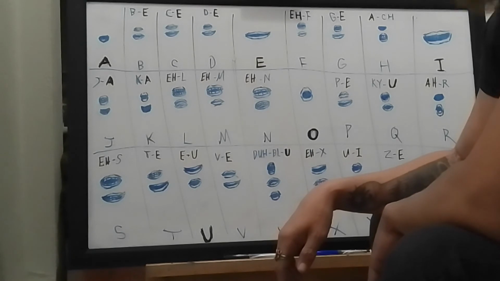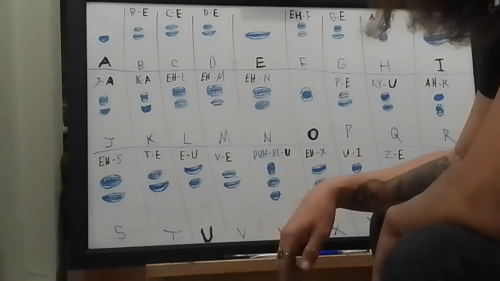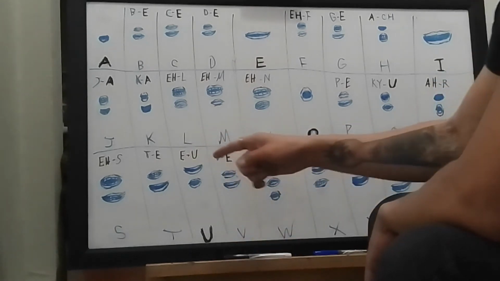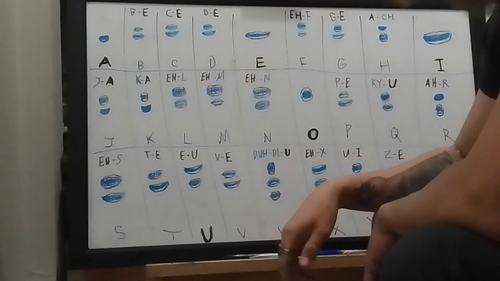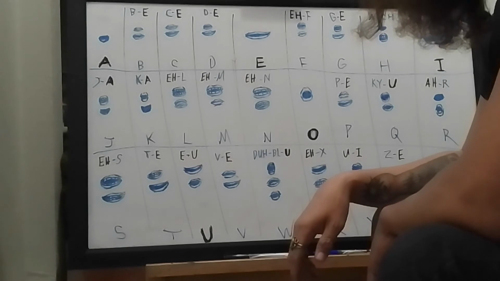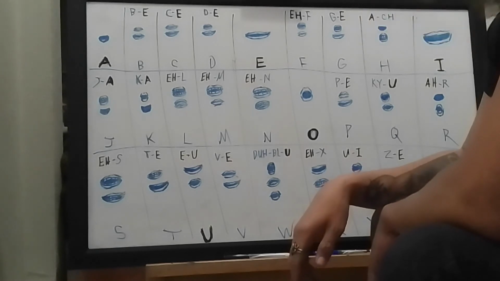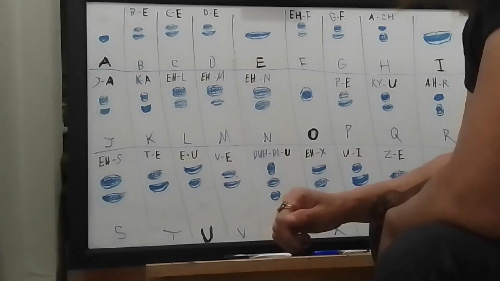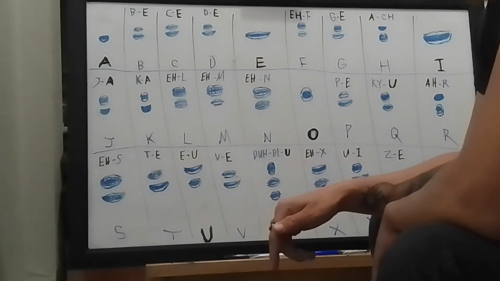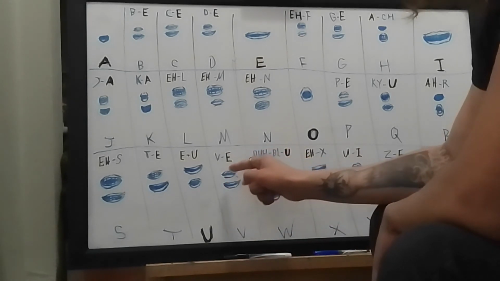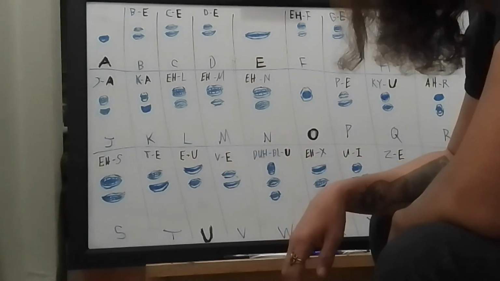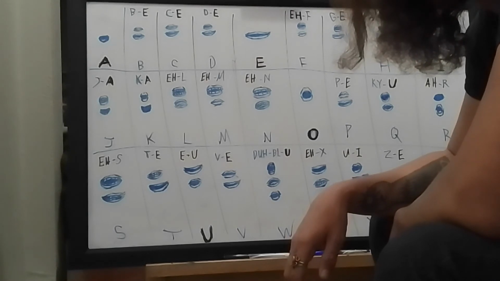T, E. U. So again with E, U, U. V. V is kind of interesting because you can see these top teeth here. It's a little bit spread out. V.